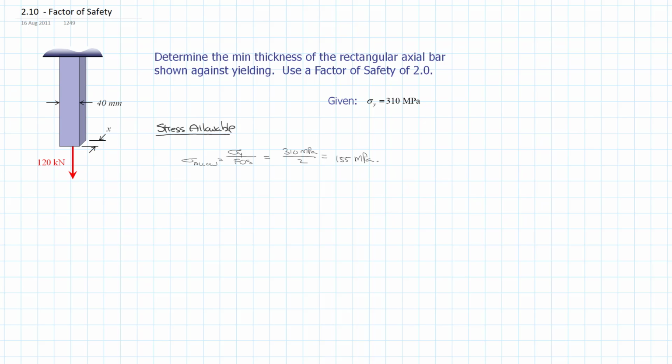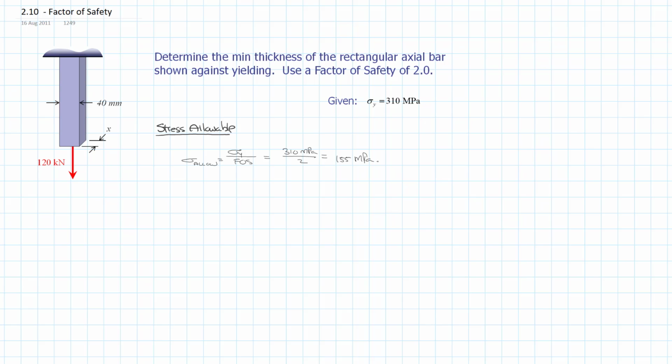which we're going to carry forward into the next part of the problem, which is what thickness of rod do we need to resist that 120 kilonewton load if we don't want our stress to exceed 155 megapascals. So we'd absolutely do a free body diagram, method of sections, whatever you want.